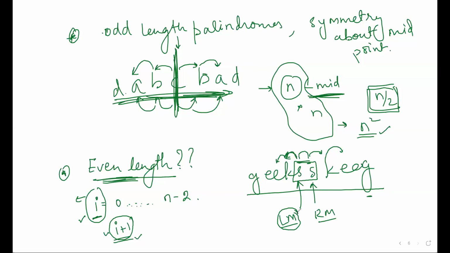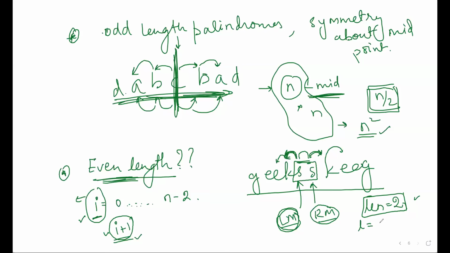Once the left midpoint and right midpoint are equal, to start with you'll have length equal to 2. If both the midpoints are the same, you are getting two characters, so your length is 2. And now you start moving in the left direction and in the right direction: left of the left midpoint, right of the right midpoint.